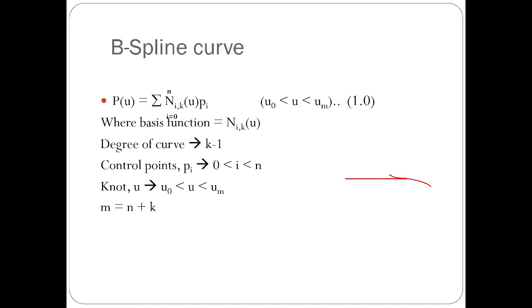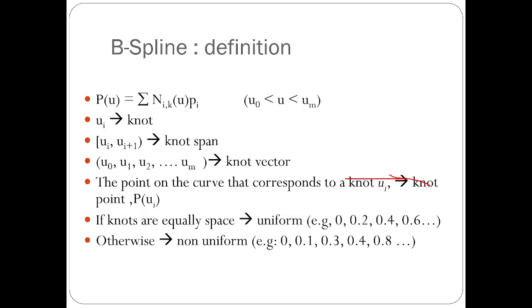The basis function N i comma k of u has degree of curve k minus 1, control points P i with 0 less than or equal to i less than or equal to n, and m equals n plus k. The interval ui to ui plus 1 is the knot span.